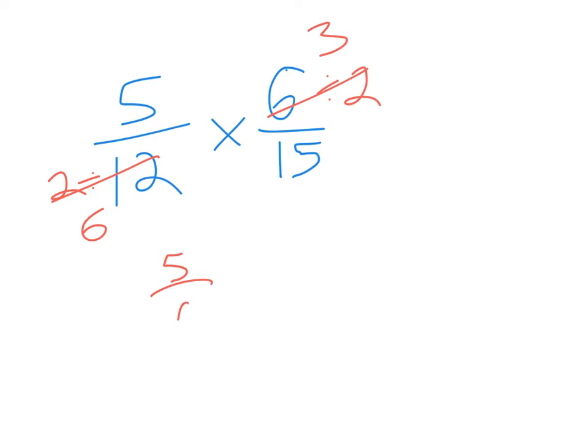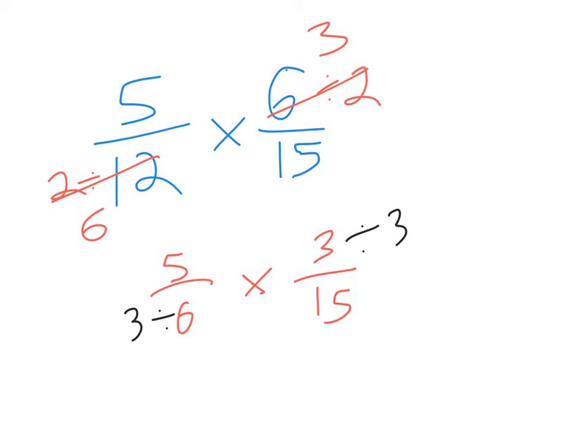So we have 5 over 6 times 3 over 15, okay? Now, what else can we do? That's like 6. Okay, so what do we divide here? By 3. And then we go where? On the top, right, because we remember we do top and bottom only, okay?